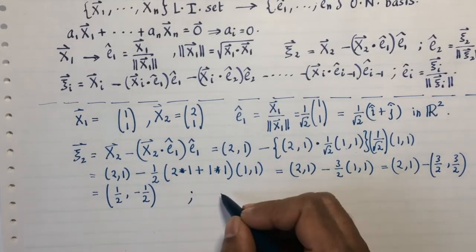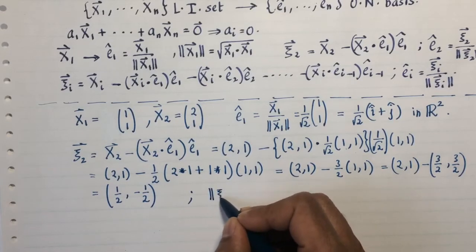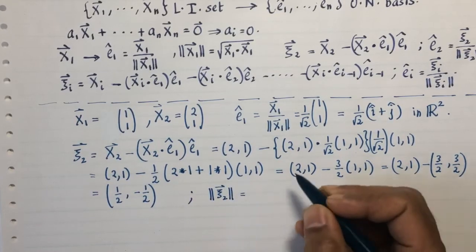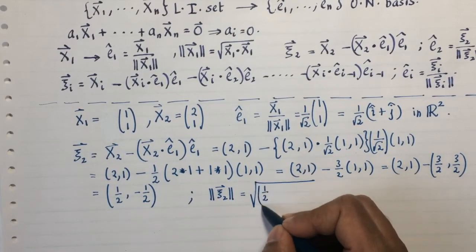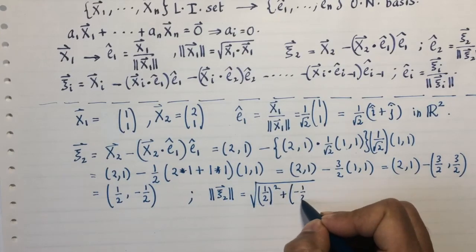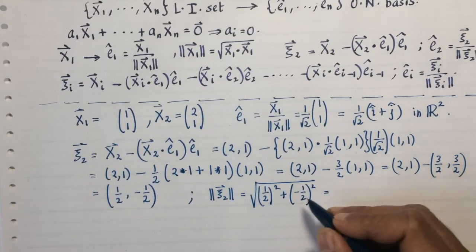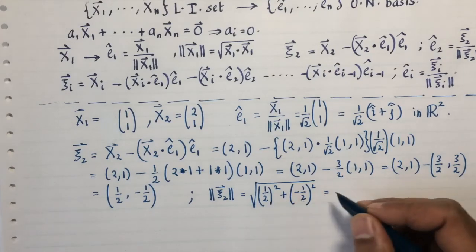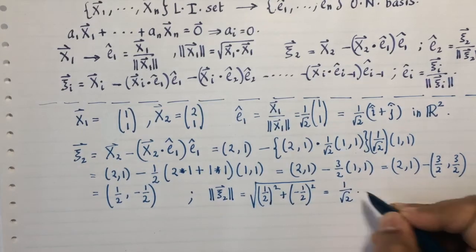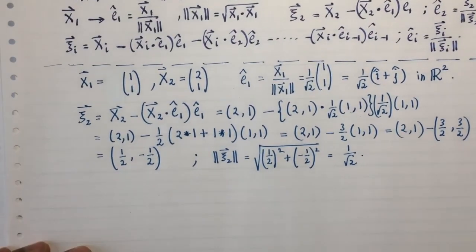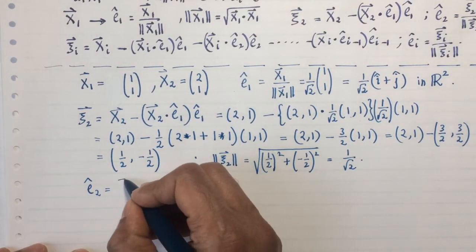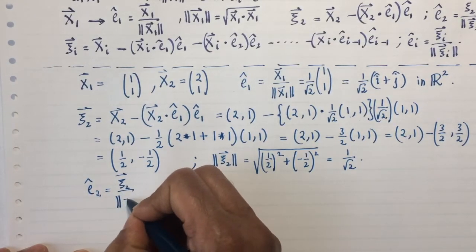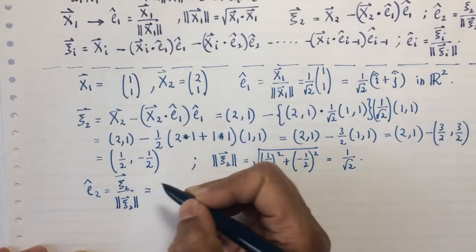Now the last step is to find the magnitude of this zeta 2. Well, by the Pythagorean theorem, that's the square root of 1 half squared plus negative 1 half squared, which is a quarter plus a quarter, which is 1 half, so that's just 1 over root 2. And finally we can set up our E2 vector. The E2 unit vector is the vector zeta 2 divided by the absolute value, or the norm, of zeta 2.